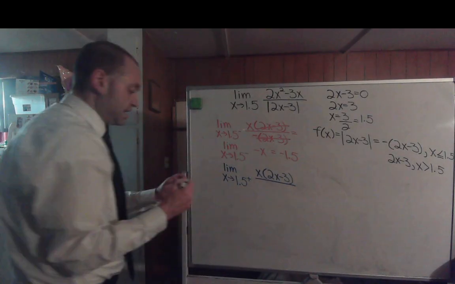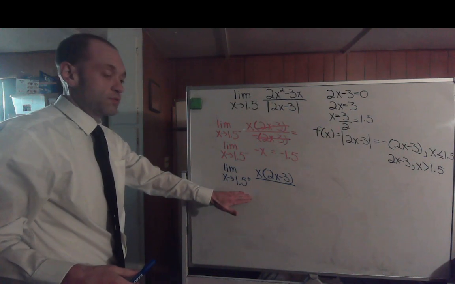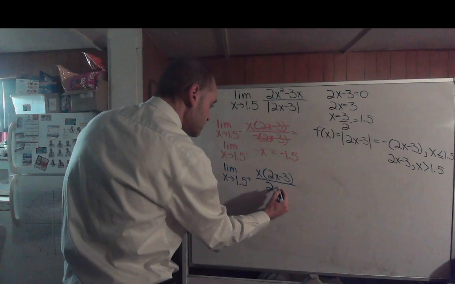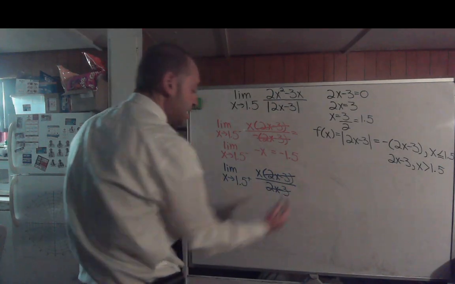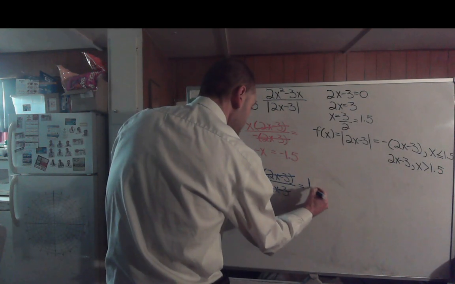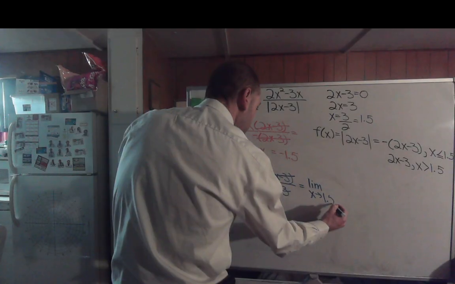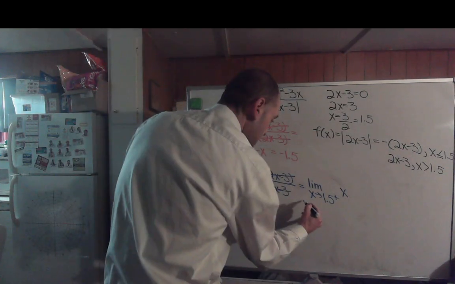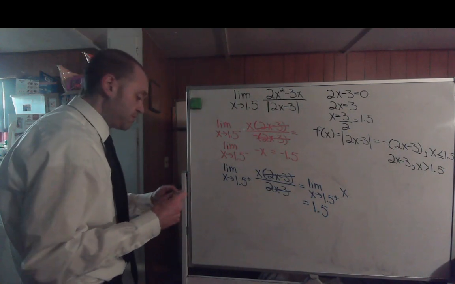Divide that by, now the denominator, if you're approaching 1.5 from the right, that means that x is greater than 1.5, so you'll turn that absolute value into the positive of 2x minus 3. So now your 2x minus 3's cancel out. This would simplify into the limit as x approaches 1.5 from the right of x, you can do direct substitution. You'll get a value of positive 1.5.